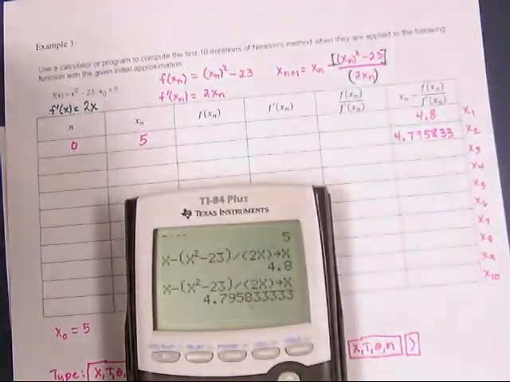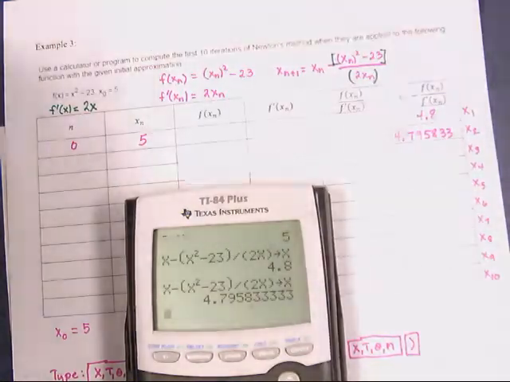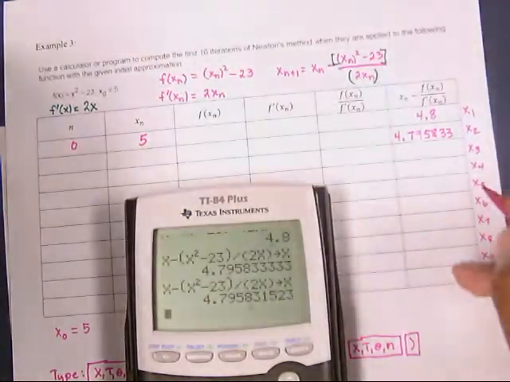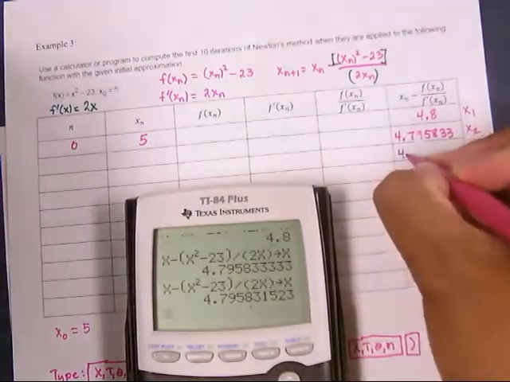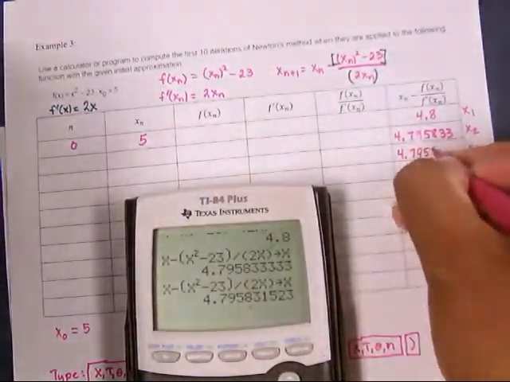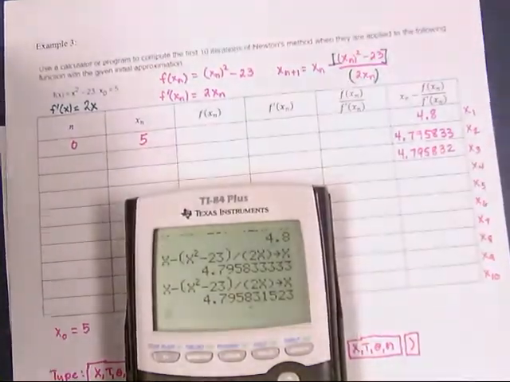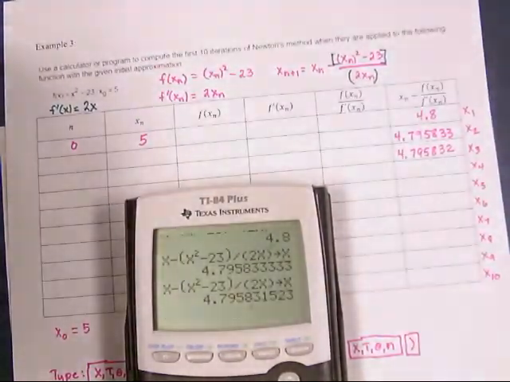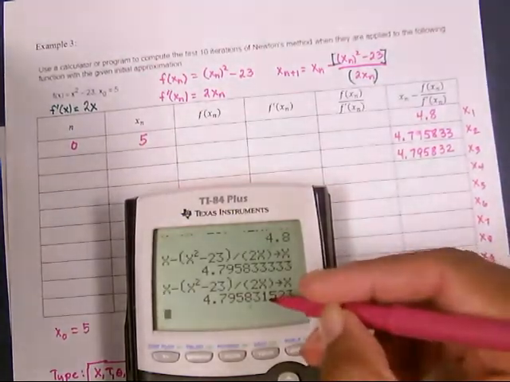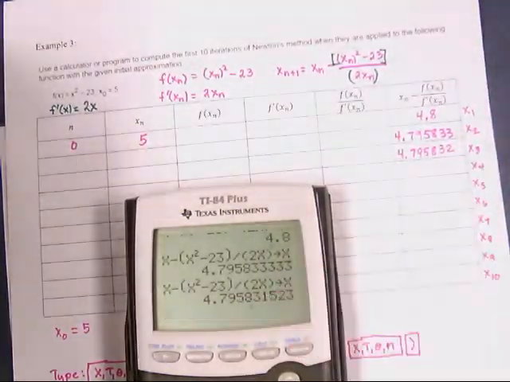I'm rounding to 6 decimal places. And then for x sub 3, we press enter again. So it'll be this number, 4.795832. If I'm rounding it up to 6 decimal places, because that 1 is the 6th number after the decimal point, the 5 makes the 1 a 2.